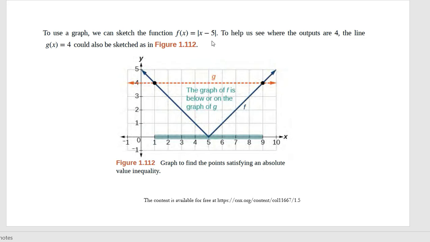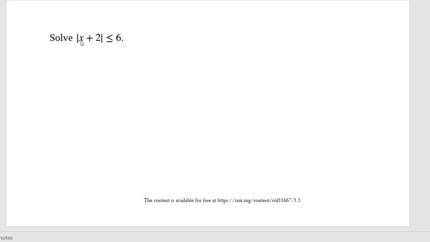So here is the graph of absolute value of x minus 5, and this one is g of x, which is equal to 4. Now we want to solve this inequality. Absolute value of x plus 2 is less than 6.